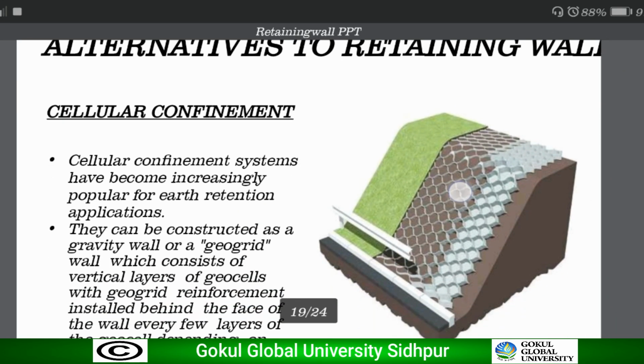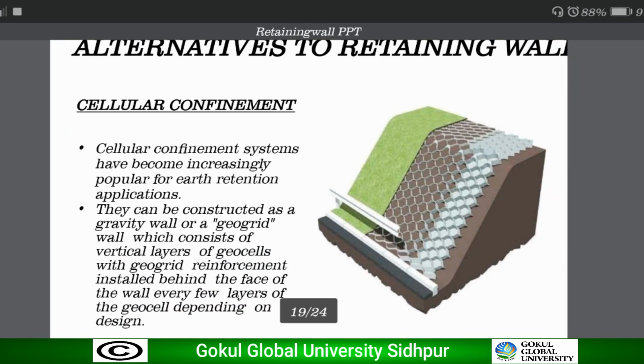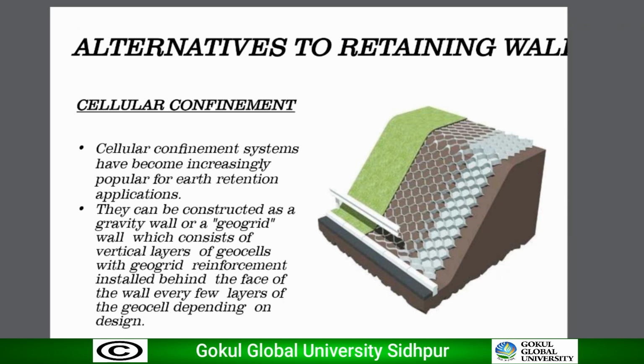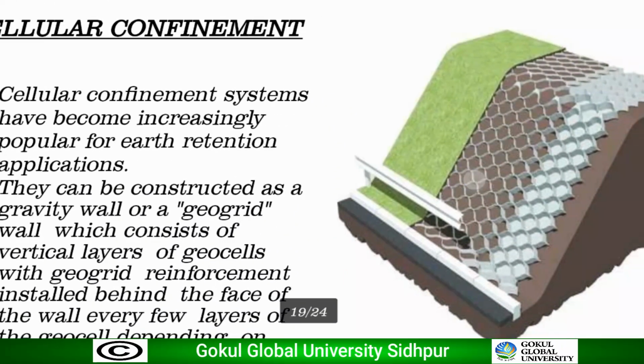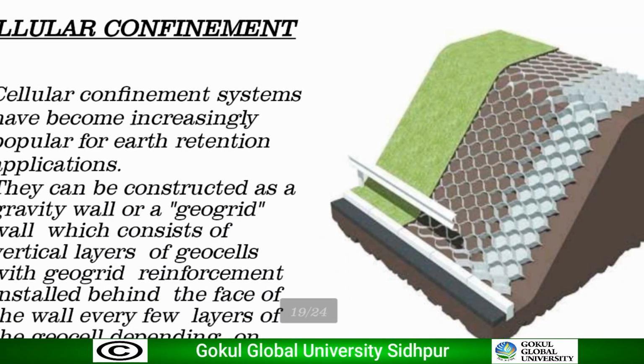Alternatives to retaining wall means the material is replaced by different types of new material like geocell, geonet, geoconfinement. The first one is cellular confinement. Cellular confinement systems have become increasingly popular for earth retention applications.